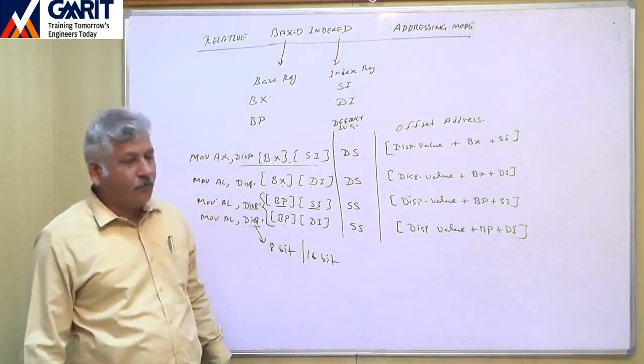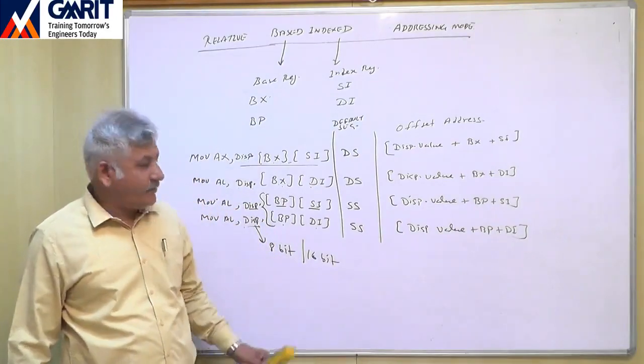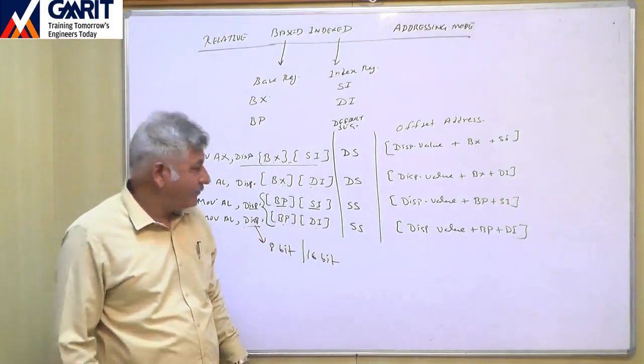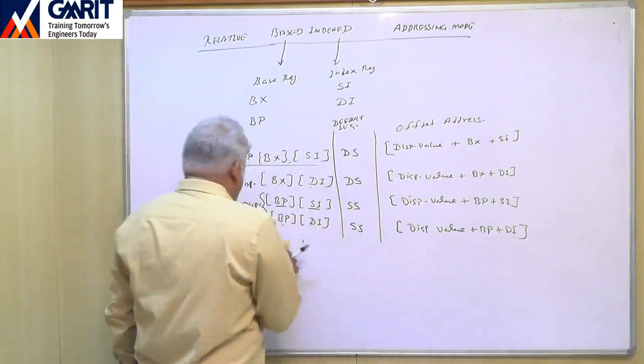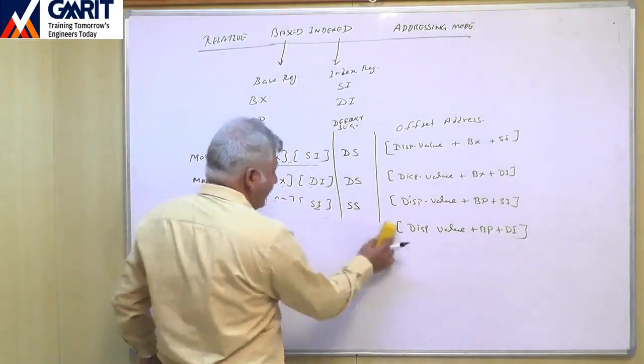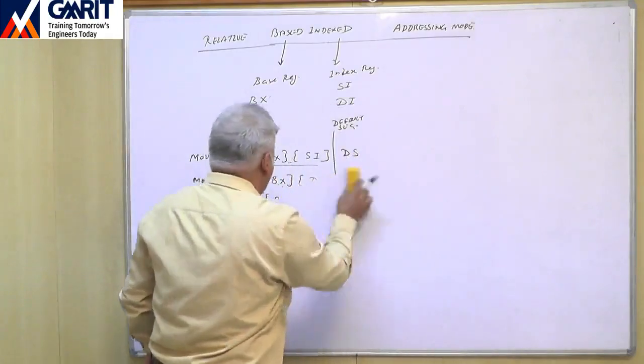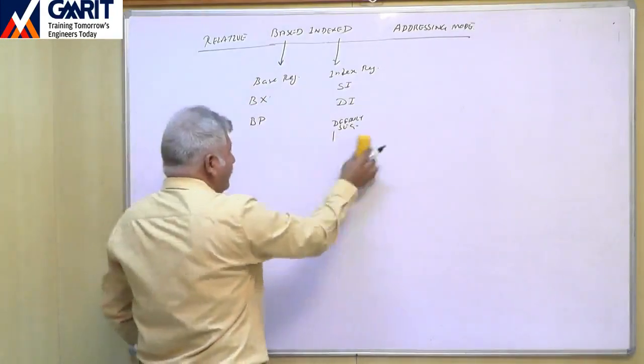And we can also use a segment override prefix in these instructions to change the segments. So these are the addressing modes of the 8086 microprocessor.